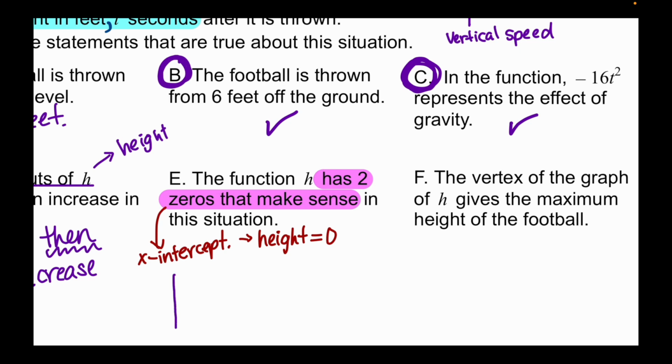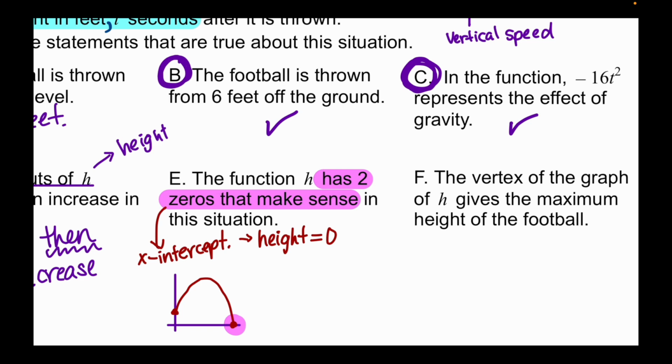So if I drew a little graph of this, my football is going to start maybe like here. And then this is going to go up, and then it's going to hit the ground at some point. And this one right here is a 0. So I'm going to highlight in small this little part right here. That is a 0. That makes sense for us because we're measuring time.